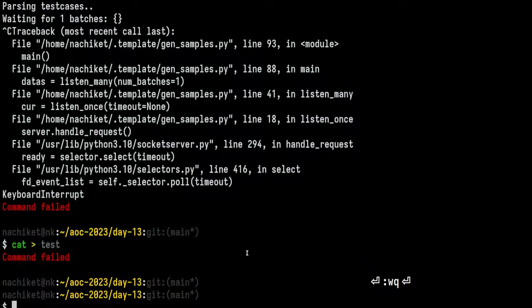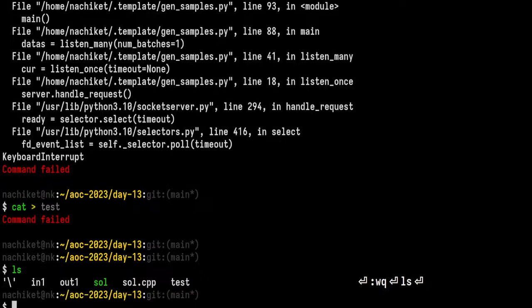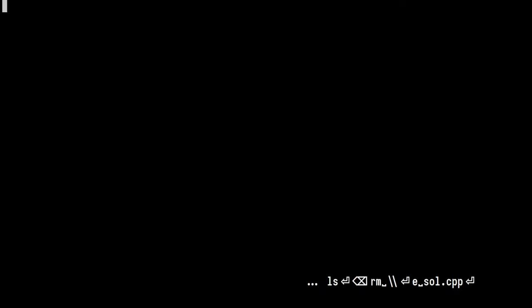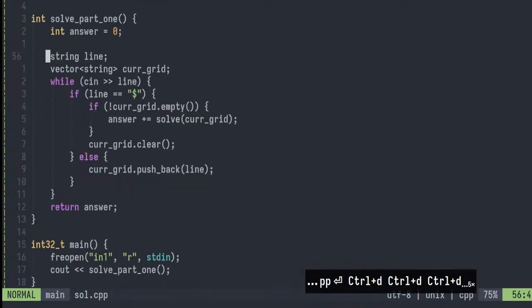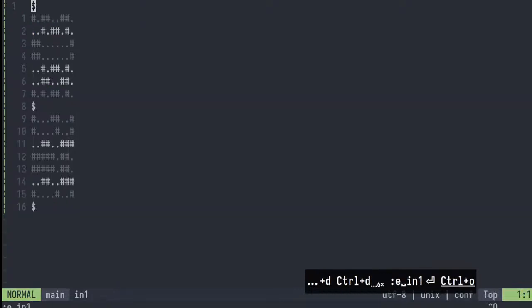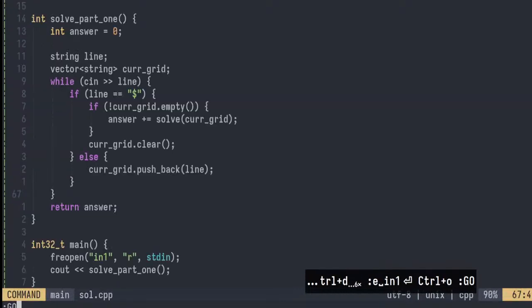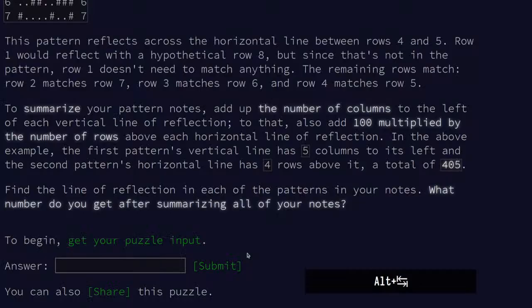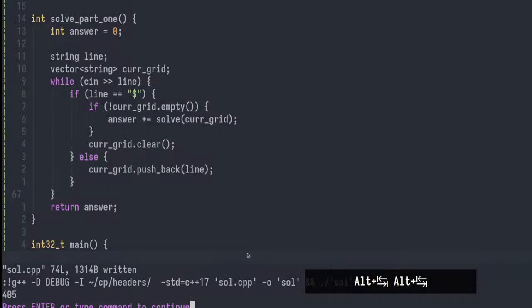Should be okay. See, 405. Perfect. Let's try it on the large test case.